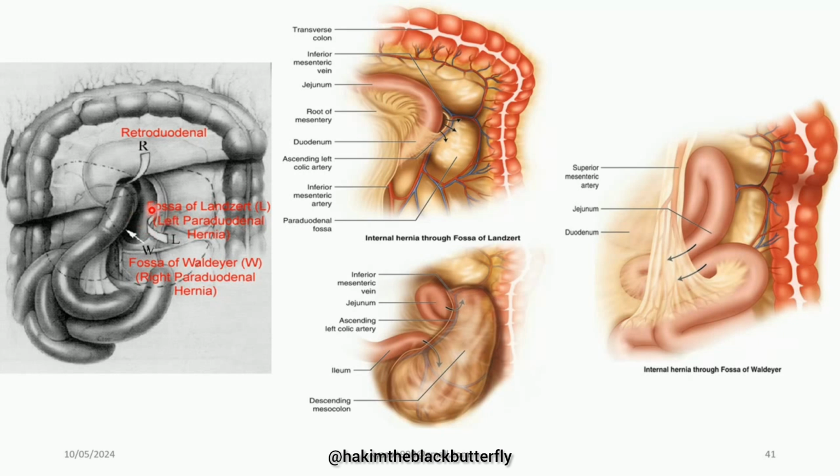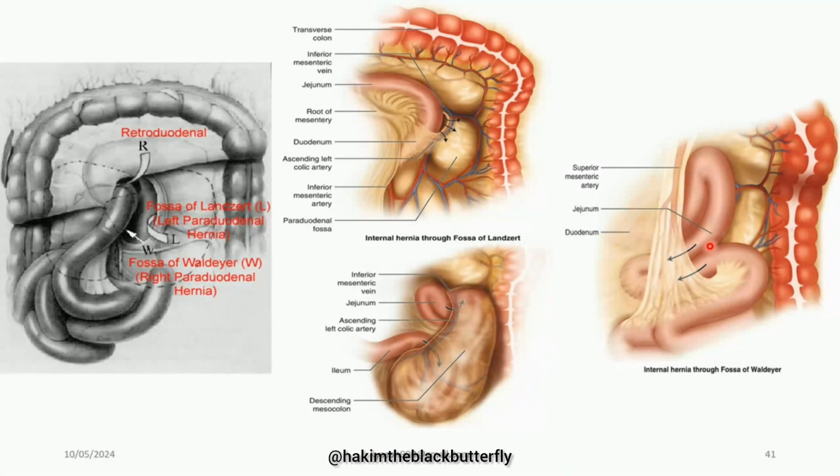Herniations can occur through that gap. Herniations can also occur through the so-called fossa of Waldeyer on the right side of the duodenum, and all these we call internal hernias. You can see here part of the duodenum and even the jejunum entering the fossa of Landzert, or what we are calling the left paraduodenal fossa, resulting in what we call left paraduodenal hernias.